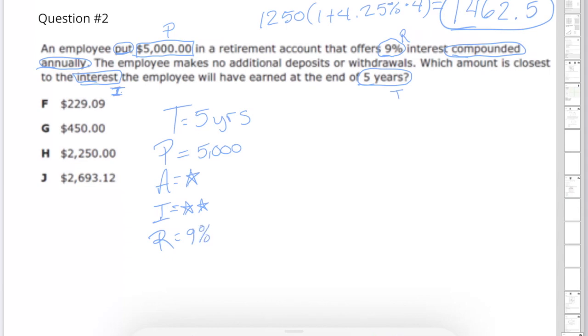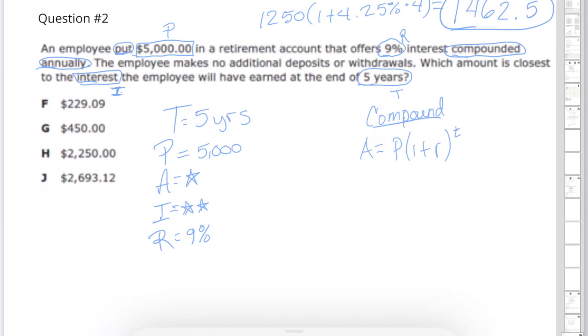Okay, so now that I have T pair filled out, I can go back to my formula. In my question, I circled compounded annually, so that means I'm looking for the compound formula. So I'm going to write out compound so that I make sure I pick the correct formula. When I look at my reference sheet, compound is A equals P times 1 plus R, to the little t.